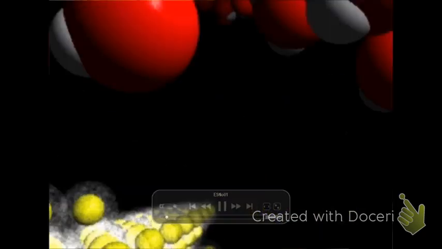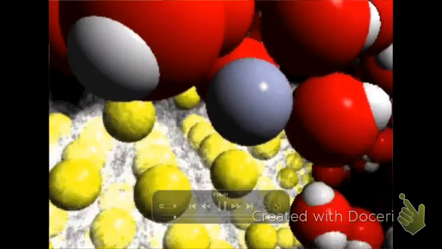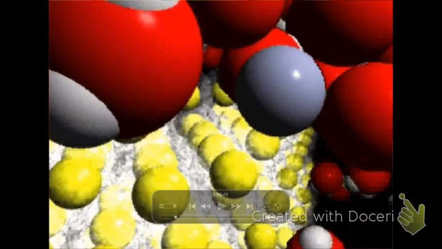As it goes, here comes all the water, and you can see just right here that you have an ion. And now, based on the way the water molecules are facing, you can actually tell what charge that ion is right now. So in the water, you have the big O, which is the red colored atom, and then the two hydrogens are gray. And as you can notice, all the reds are facing that ion.